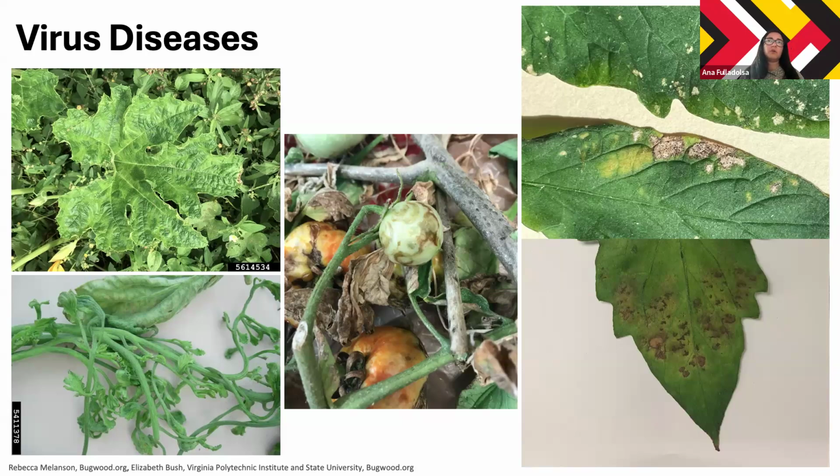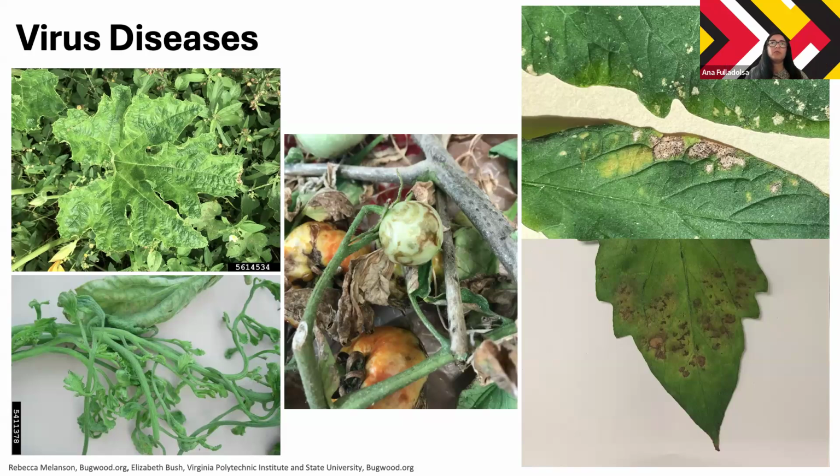Not all of these viruses are transmitted by insect or arthropod pests, but a lot of them are. In the case of cucumber mosaic virus and some of the other cucurbit viruses, they are aphid transmitted. So if you have aphids, especially if you're in an area where there are a lot of wild plants or forests, then you could have the transmission of viruses into your field.